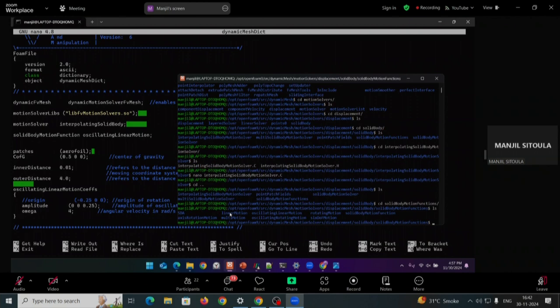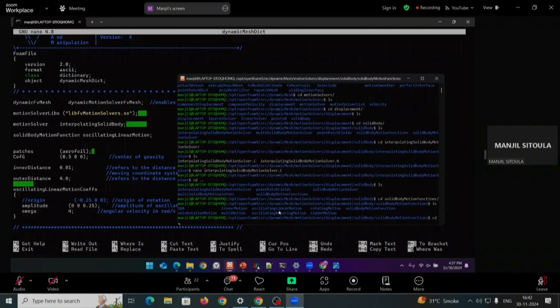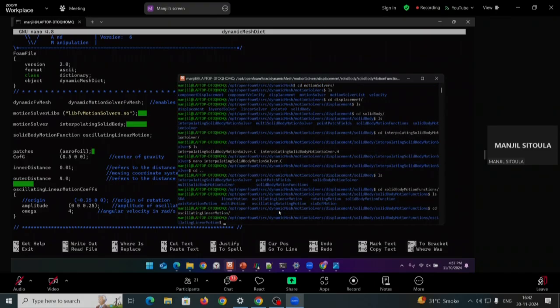These are the predefined motion functions, that is, the prescribed body motion. Here are linear motion, oscillating linear motion, rotating motion, and solid motion functions. What we have used in our case is the oscillating linear motion.